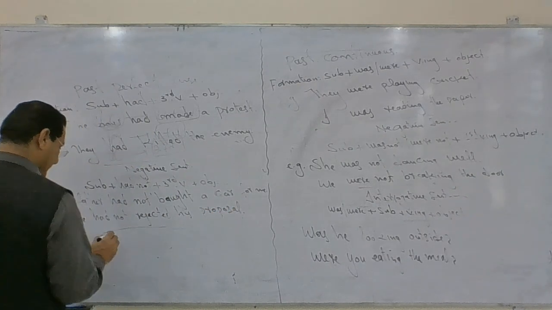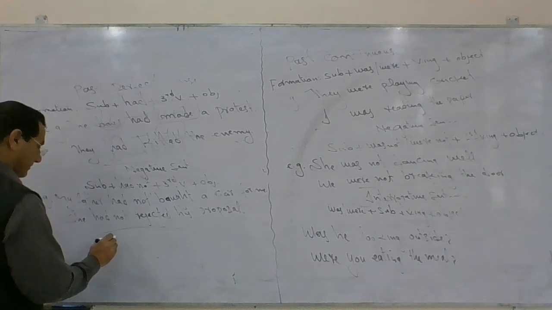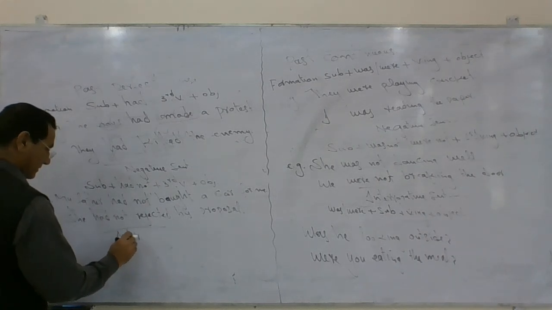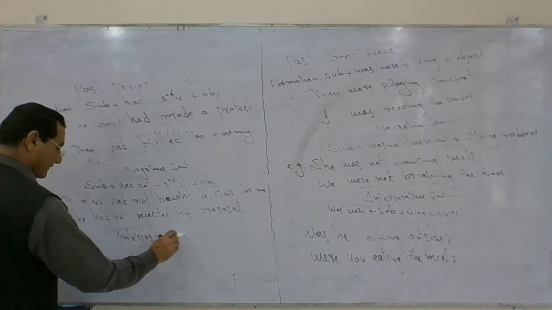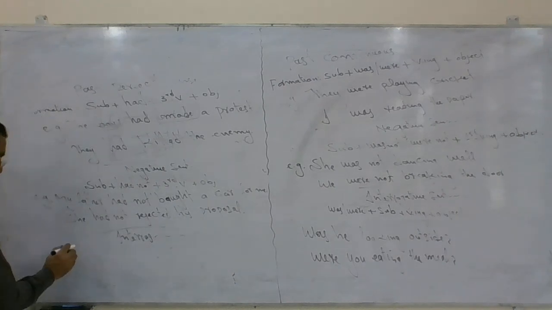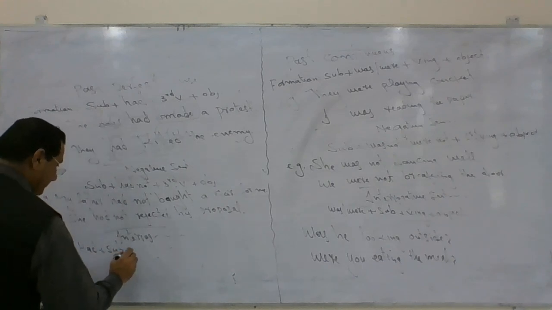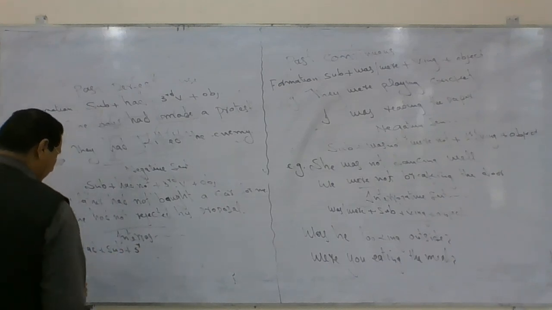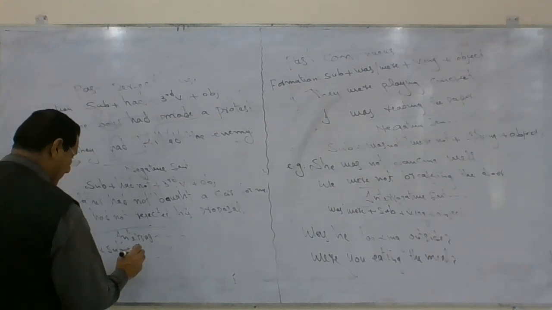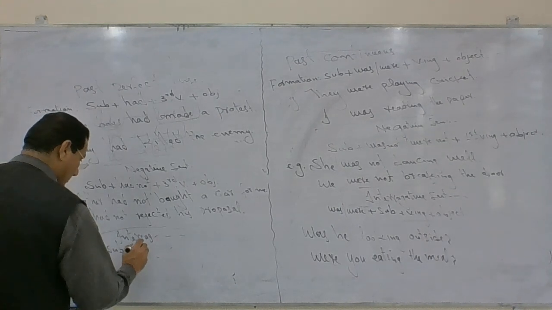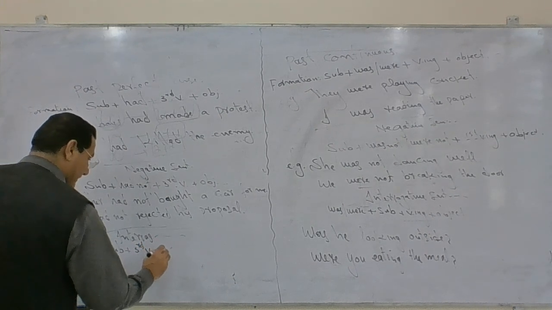For interrogative sentences, only had will be written in the beginning. Had in the beginning. Had plus subject plus third form of the verb and then object.